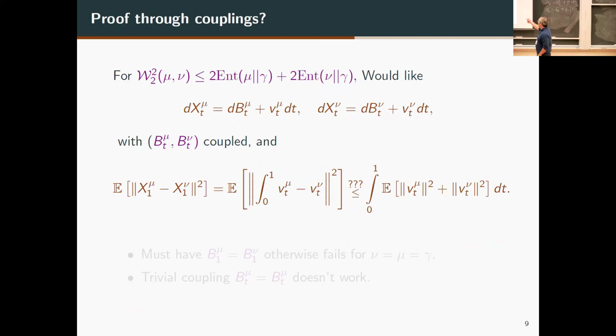Right, so what we would like to do is to take 2 processes with 2 Vollmer drifts driven by 2 Brownian motions, couple the 2 Brownian motions in some way, such that we get a coupling and we can measure the distance at time 1, right? So that is a coupling between the endpoint of the first process and the endpoint of the second process. So it's a bound on the Wasserstein distance.